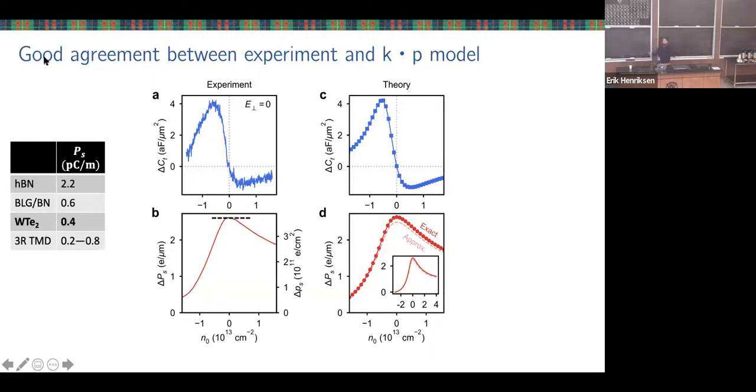Numerics. So Eric asked about numerics. So this allows us, as I was mentioning before, to put a very precise measurement of what the polarization is. And this agrees pretty well with David Cobden's estimate, but I think that this is a more accurate measurement of that.